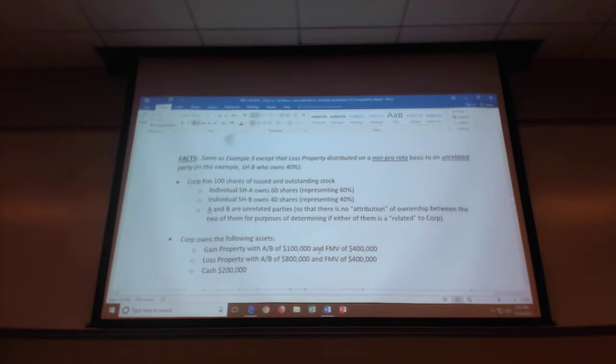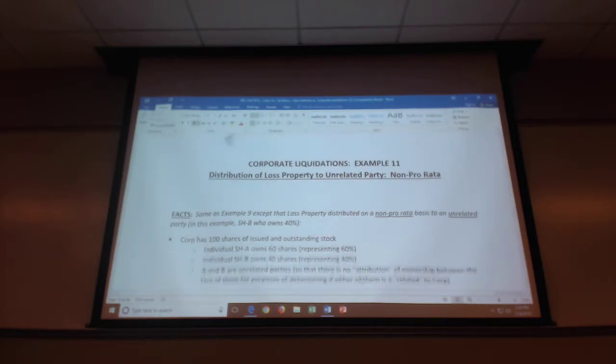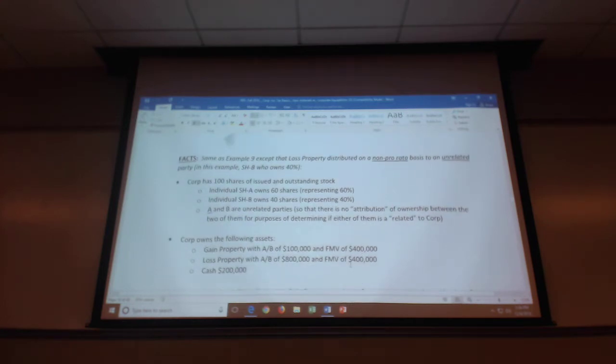I'm going to skip to the next example, which is example 11 on page 19. Here, we assume a distribution of loss property on a non-pro rata basis, but to an unrelated party. And again, the facts are essentially identical in terms of the asset profile.